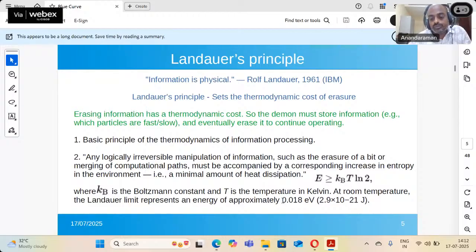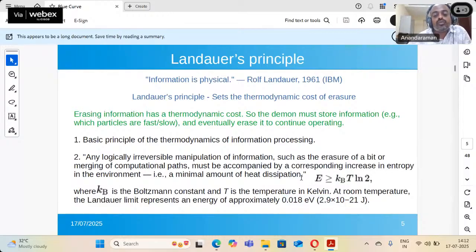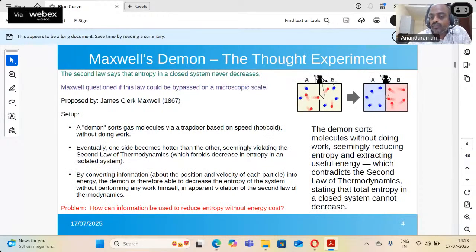That equals 0.018 electron volt, or 2.9 times 10 to the power minus 21 joules of heat. So for every bit erased, you are going to spend this much energy. The demon is erasing this information for every atom.